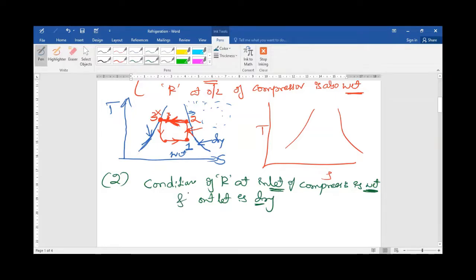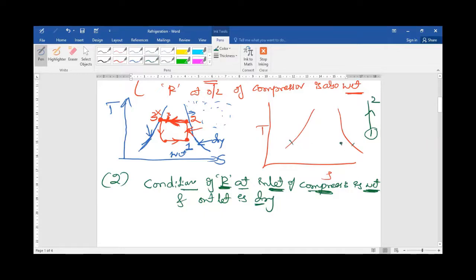Okay, now condition of refrigerant at inlet of compressor. Inlet of compressor is, that is 1 to 2. I have to represent the process like this. This is 1 to 2 compression process. Inlet of the compressor is point number 1. It is wet he is using. So wet means I have to take in between these two curves.